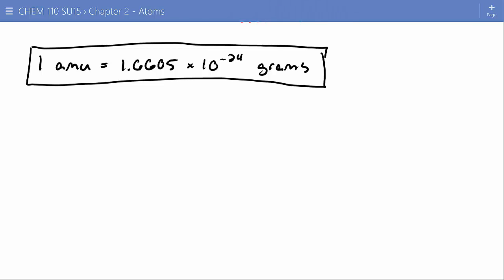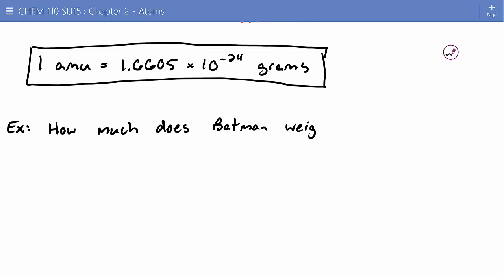Let's do a quick refresher math problem just so we can practice doing unit conversions. I'm going to use my Batman example. So how much does Batman weigh in AMU, or atomic mass units?